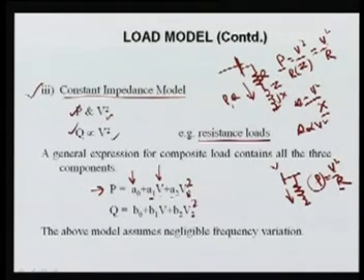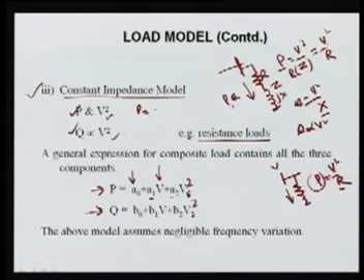So similarly we can write for the reactive power. So we can include all these three proportionality constants here, means I can write here that P is equal to your A2 V square, and Q is equal to your B2 V square.